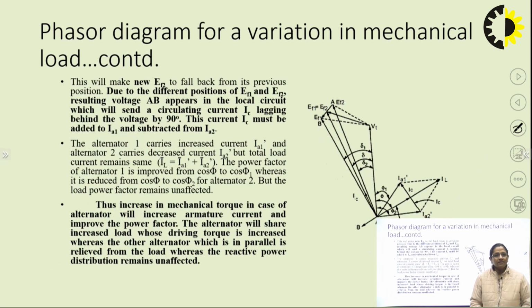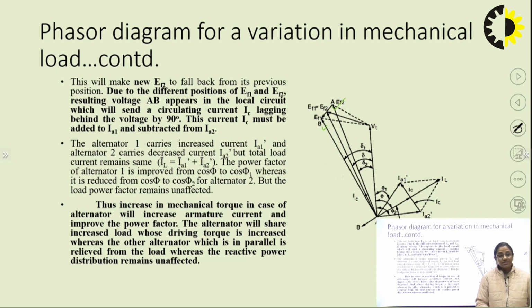Alternator 1 is having a voltage EF1, this is the new position. Alternator 2 is having the induced EMF EF2, the new position is this. Because of different positions of EF1 and EF2, a voltage, let it be AB, appears in the local circuit of the two alternators only.